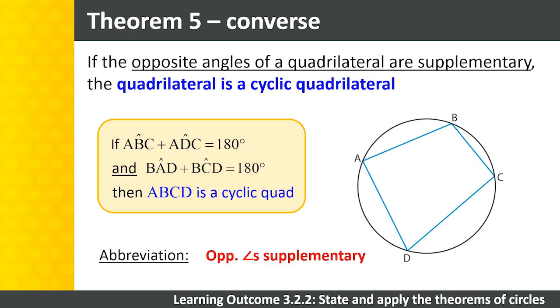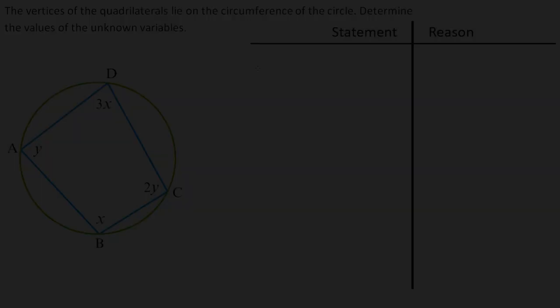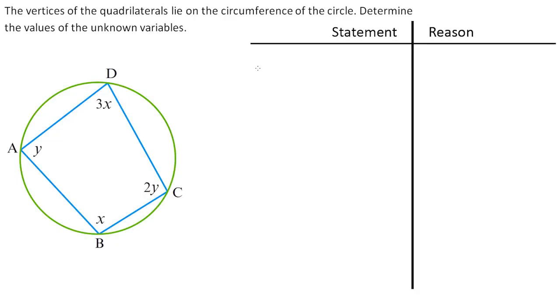Let's watch a video of a lecturer applying this theorem. In geometry, it is always important, once you view the diagram, to read the information that is linked to that diagram. This diagram means nothing without that information. Now, if you read the first sentence there, the vertices, what is vertices? That's angle A, angle B, angle C, angle D of the quad.